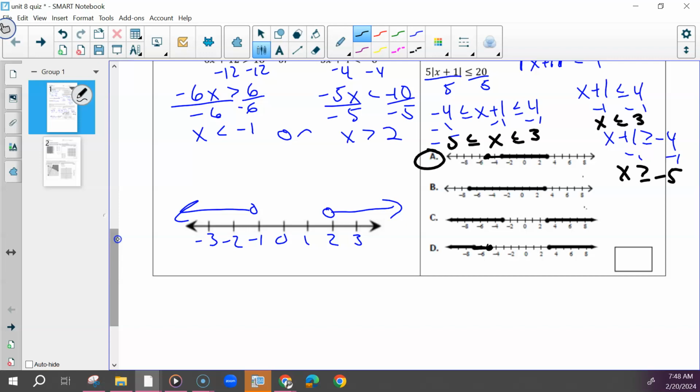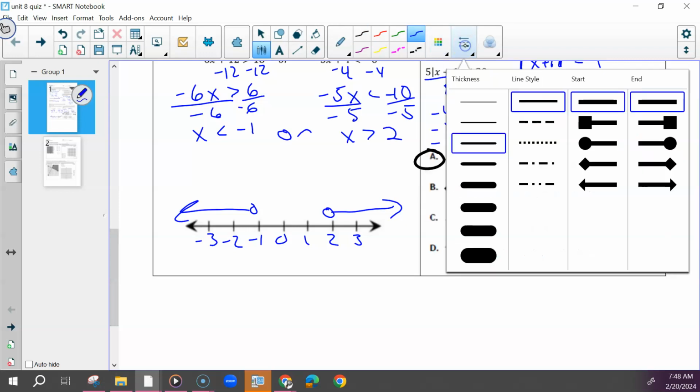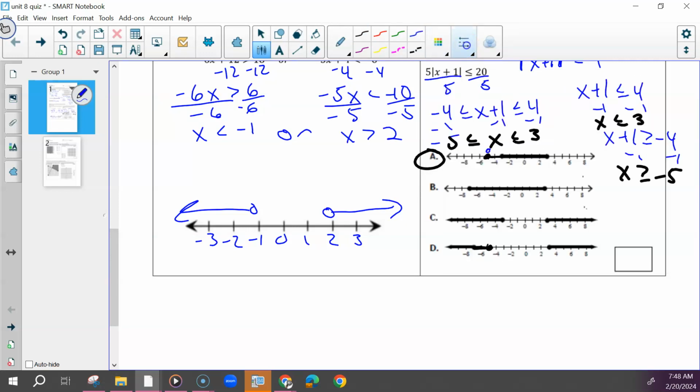Also, if you look at the other ones, x is greater than -5 is going this way, and x is less than 3 is going this way. So it would overlap.